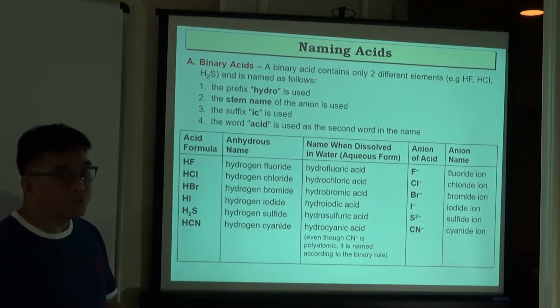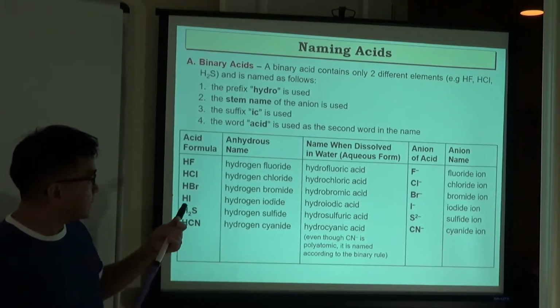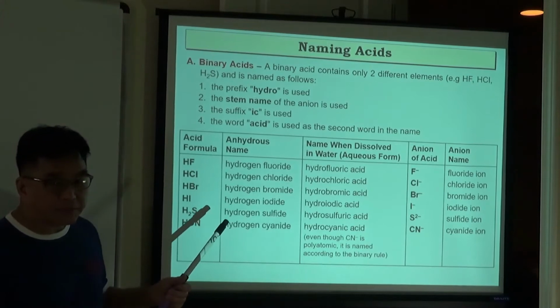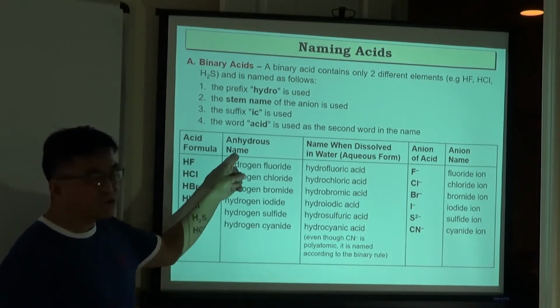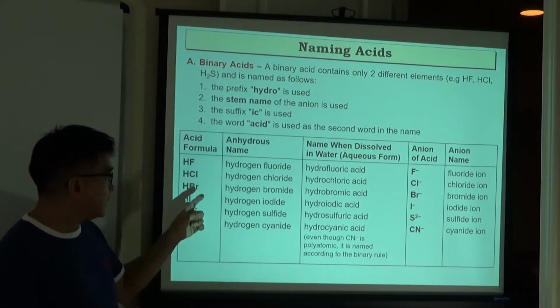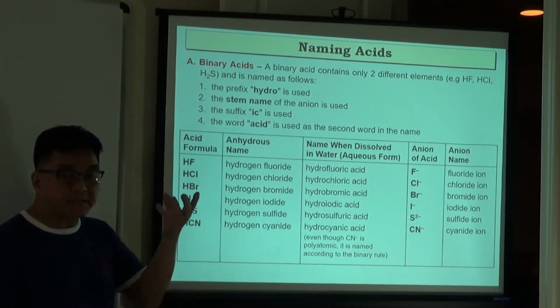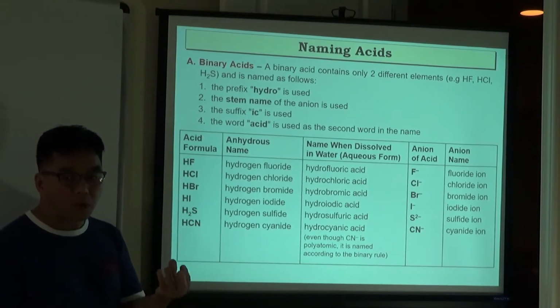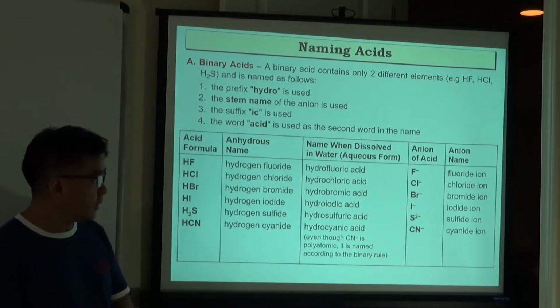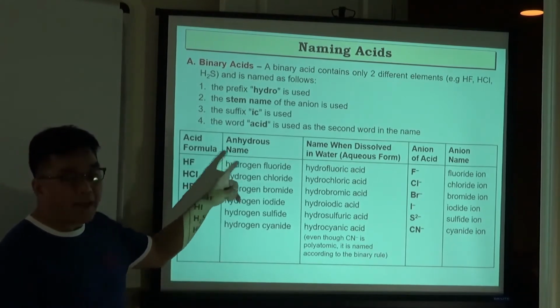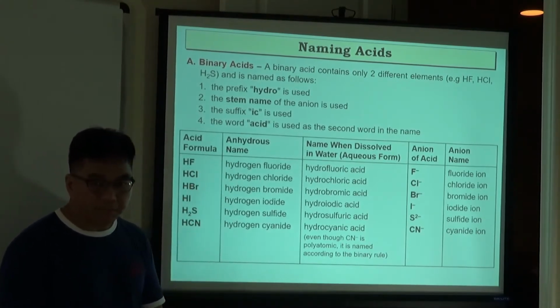For binary acids, there are two ways of naming them. You name them according to their anhydrous name, which means that this acid can exist as a gas or a chemical compound, so they don't have any water associated with them.